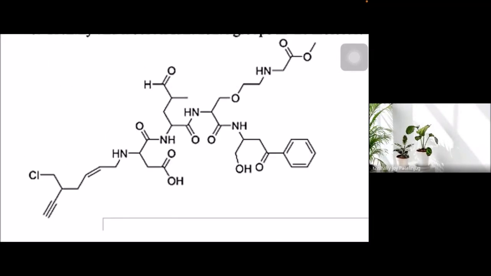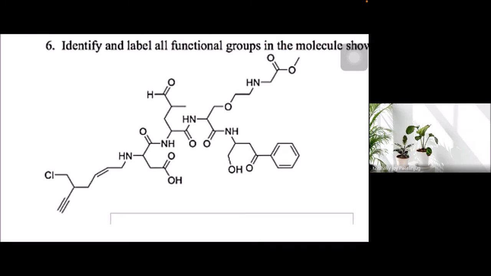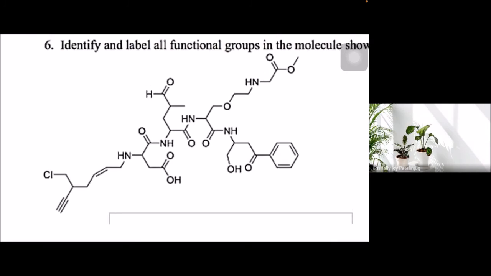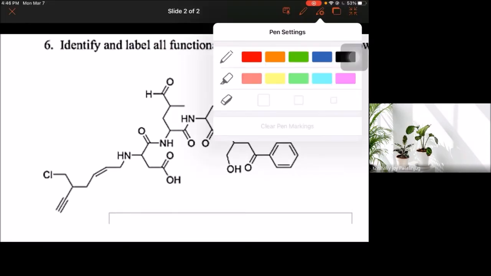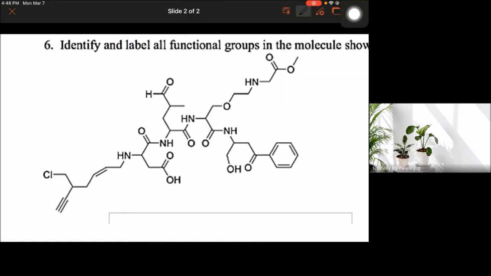I will be the one labeling the functional group. Your part is only to distinguish the functional group. Okay? So, let's start with this one. Let me use the color red.